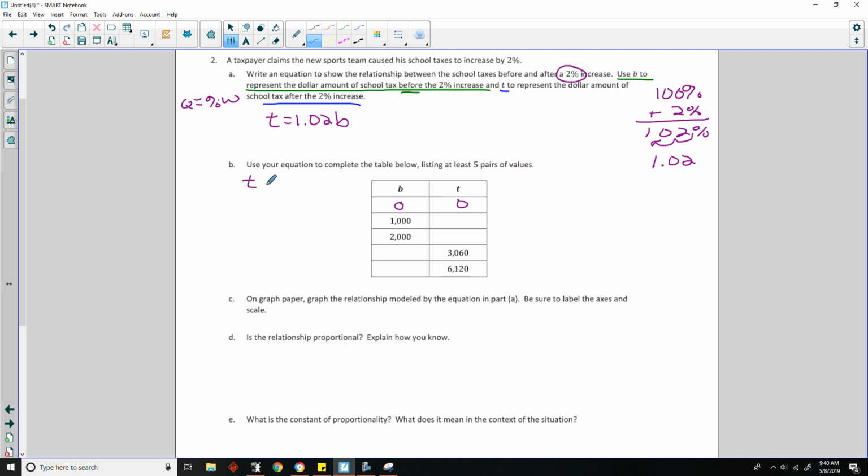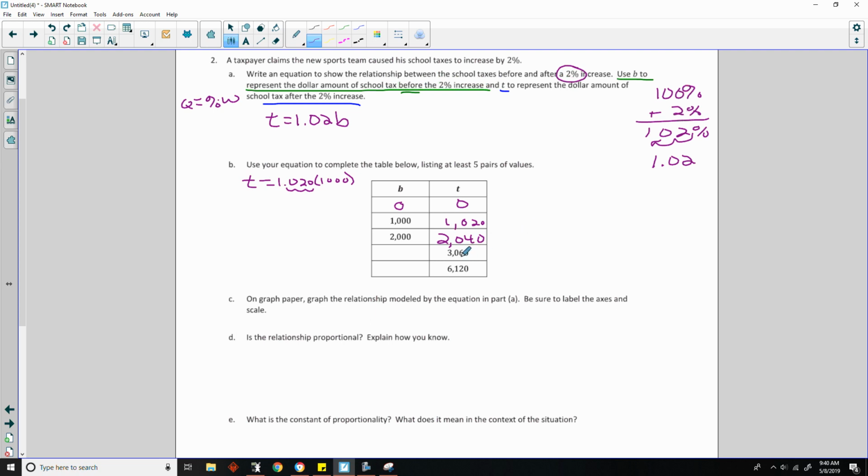So I would say t equals 1.02 times 1,000. And what that does is move the decimal 3 places to the right, 1, 2, 3, and that would be $1,020. And since 2,000 is twice as much as 1,000, I can just double this and say $2,040.